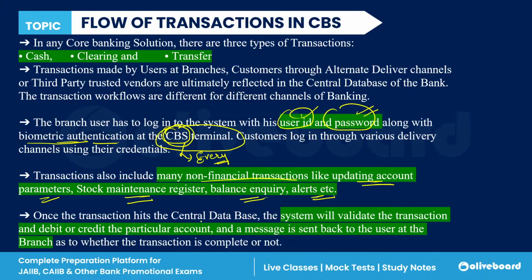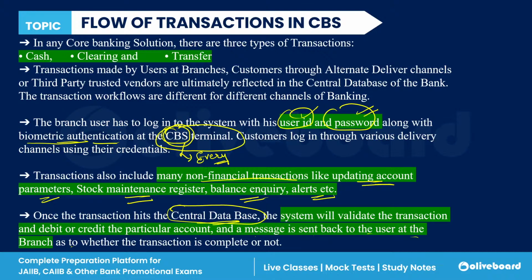Once the transaction hits the central database, the system validates the transaction, debits or credits a particular amount, and the message is sent back to the user at the branch. All the branches are connected to a central database. So once a transaction is done, the system first validates and accepts the transaction and then debits or credits the particular account.